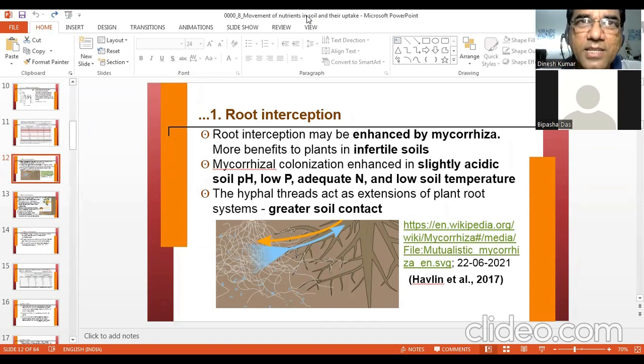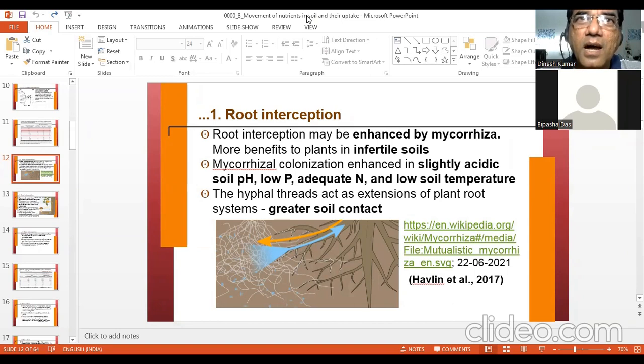So their exchange happens. The mycorrhiza would like to take carbohydrate for its life, and in return, it will give some nutrients to the plant cell. What are the nutrients? It can give phosphorus, it can give zinc, and it can also give some other nutrients. But in most cases, it supplies phosphorus and zinc.